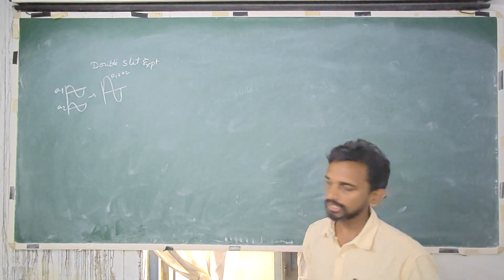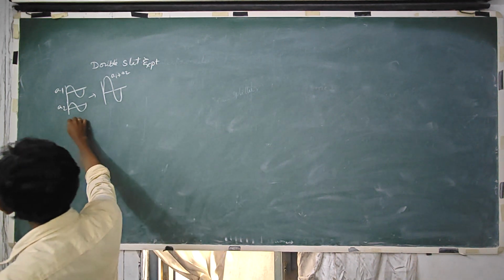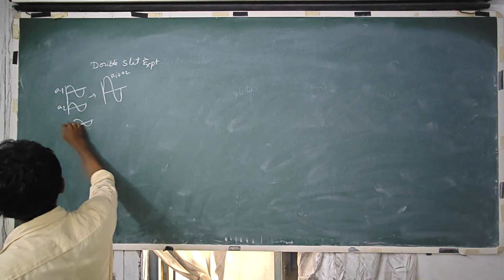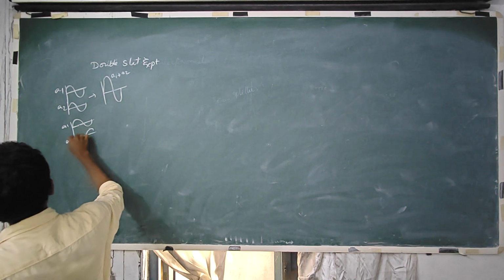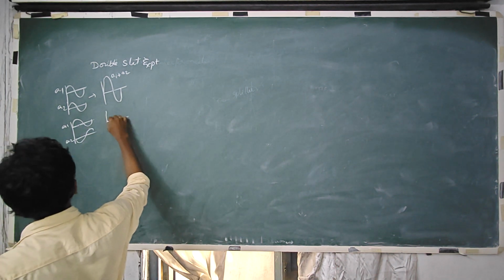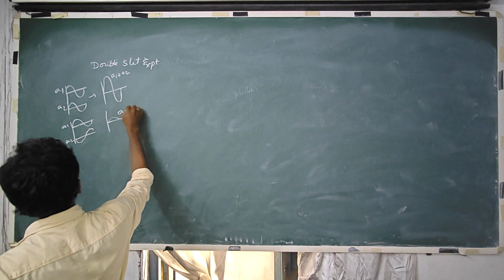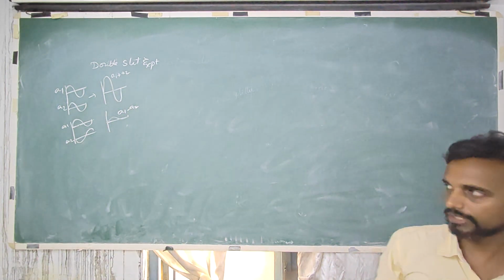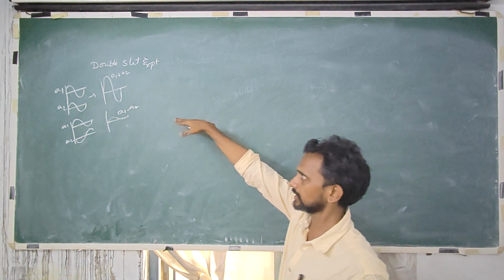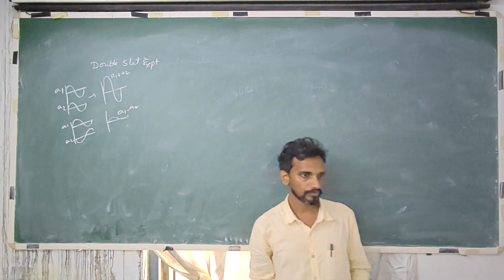And for destructive interference, let's say this is A1, other one is A2, the resultant amplitude is A1 minus A2. If both are equal, one case it is 2A and the other case it is 0.